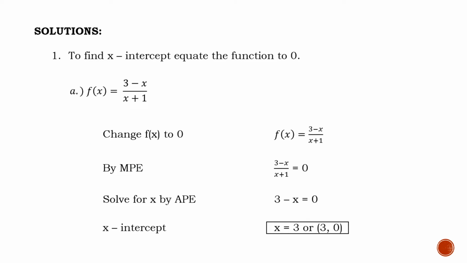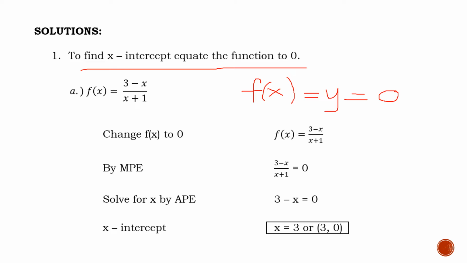So for the solutions, to find the x-intercept, equate the function to 0. We all know that f of x can be equal to y, or we simply use letter y to replace f of x, which represents your function. In this case, we're going to equate this function to 0.